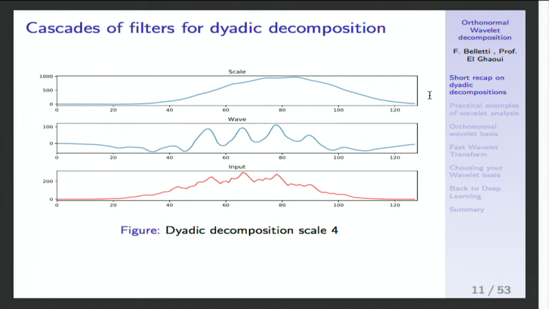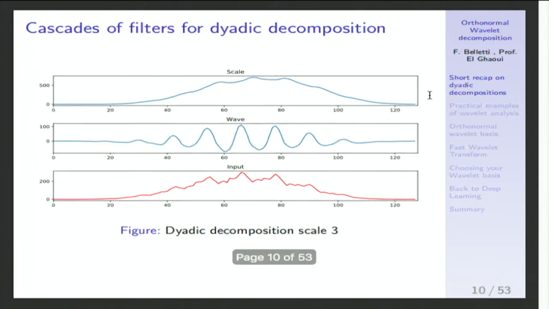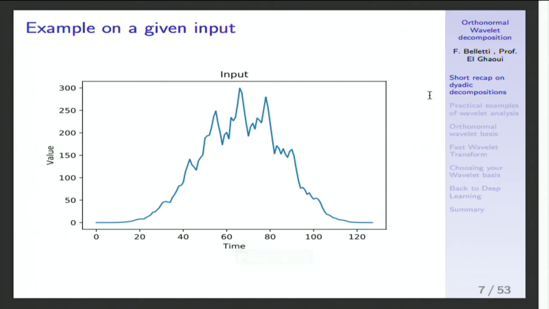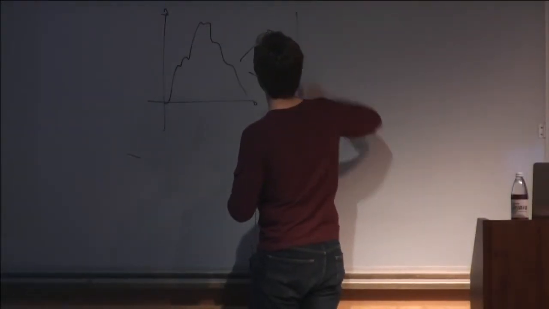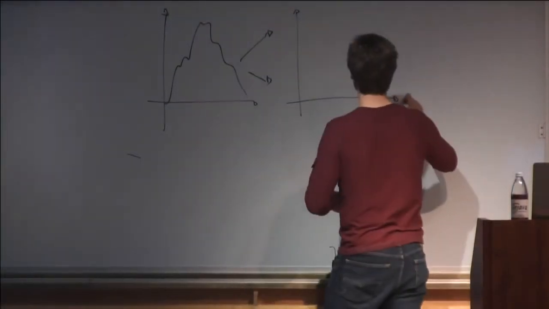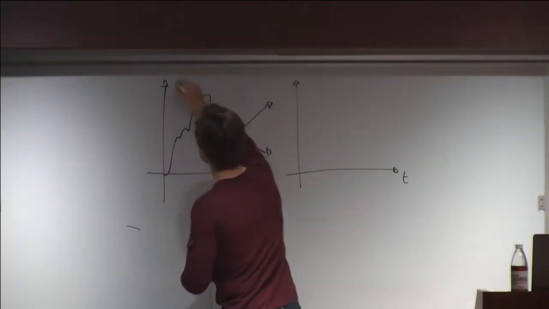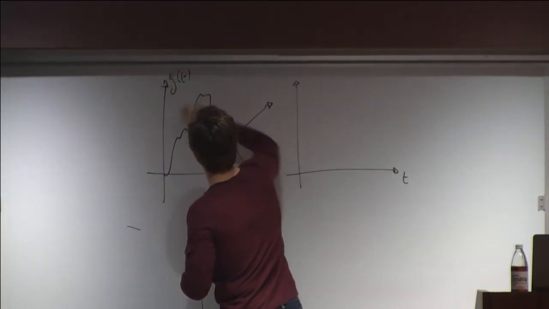So here, just to illustrate what's going on, I took my input, and I separated it out into 2 signals. So that's my g of t.